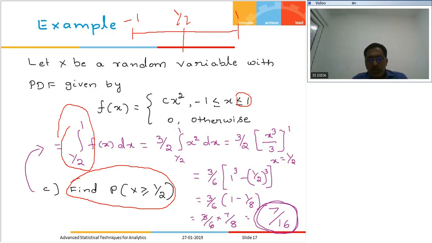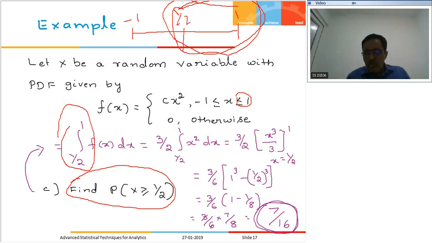Here we want to find the probabilities greater than 1 by 2. That means we need to find the probability of x taking a value in the interval half to 1, not in the entire interval. If we take the entire interval, then we will get 1 only.